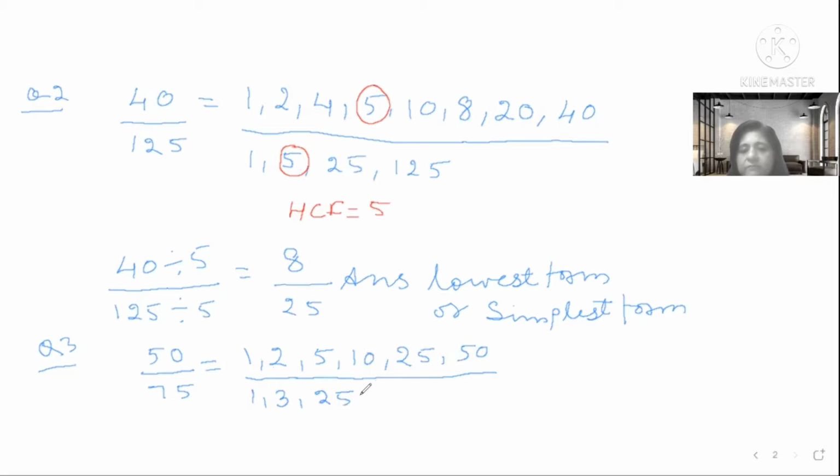Now, what are the factors of 75? It's 1, it's 3, it's 25, it's 5, 15, and 75.